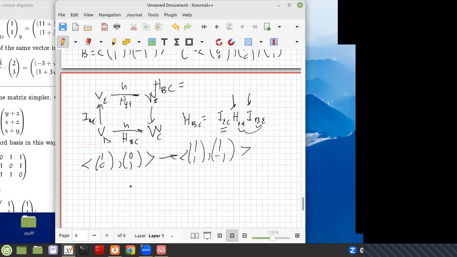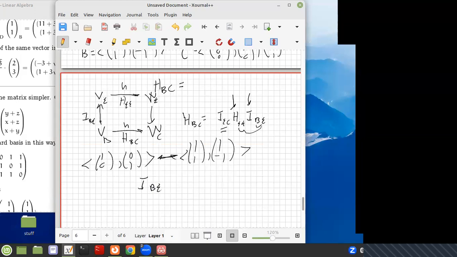We know that from E to B, but we want the other way around. We want not E to B, we want the identity from B to E, right? That's the inverse map.